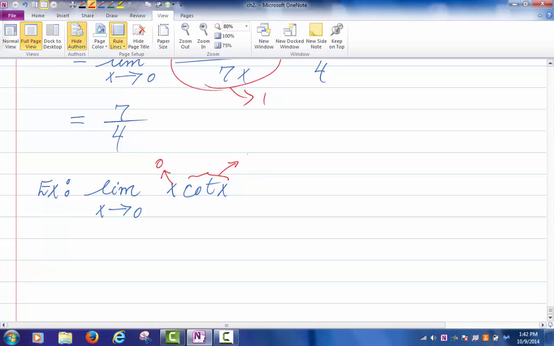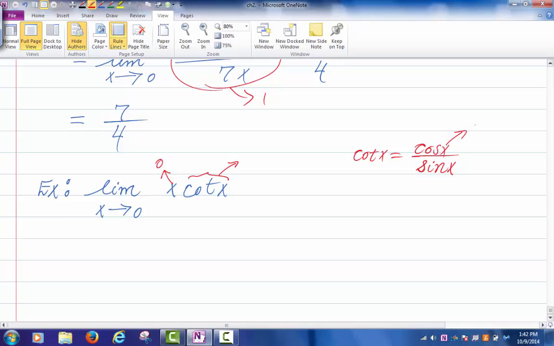When x goes to 0, what's the limit of cotangent of x? Remember, cotangent of x is cosine x over sine x, right? And as x goes to 0, cosine x goes to what? 1.